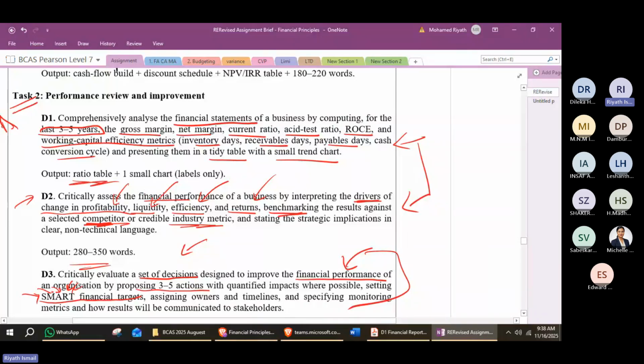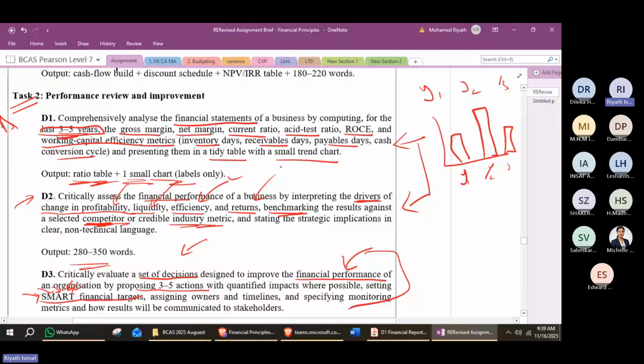Here you have to calculate only the ratios, and if possible you can give one chart. For example, if they ask you for 3 to 5 years, year one, year two, year three, year four, then you can show a graph of what happened in profitability. This is year one, year two, year three, like that you can draw a small chart.